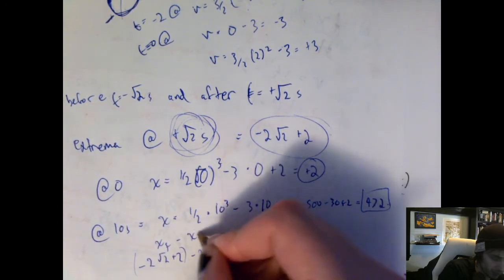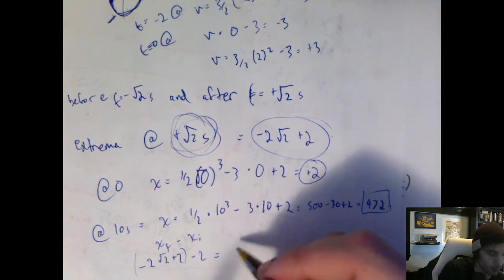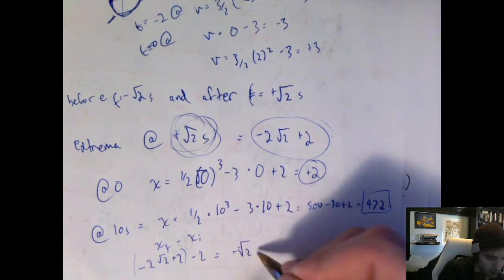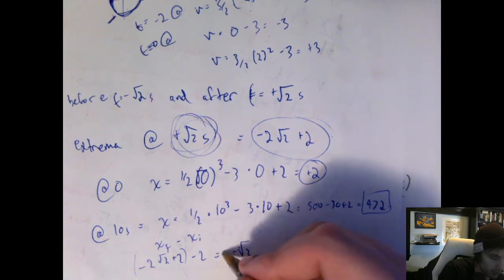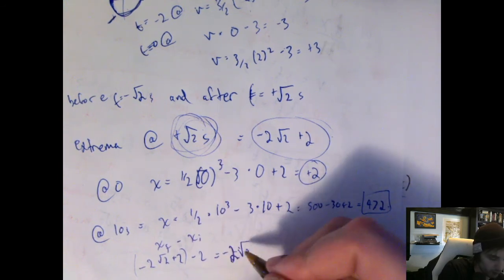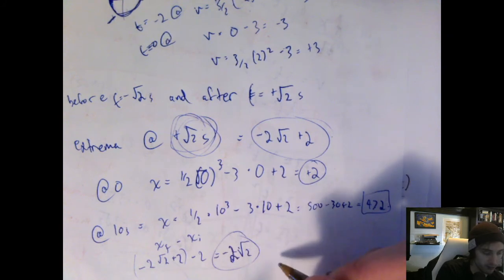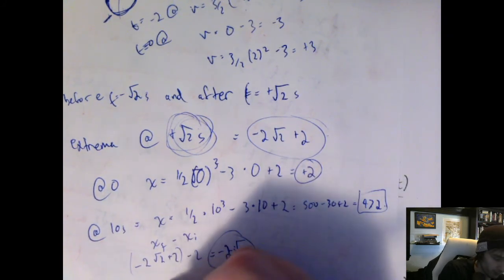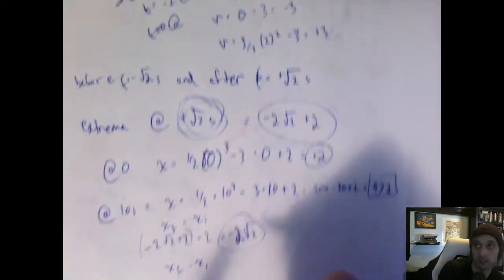So this is our final position minus our initial position, which will give me negative 2 root 2. So for our first section, this is our distance traveled. For our second section, we do the same thing. Our final position minus our initial position.